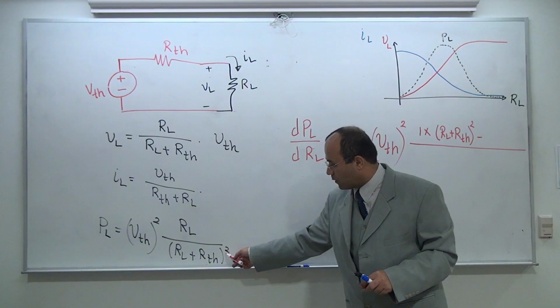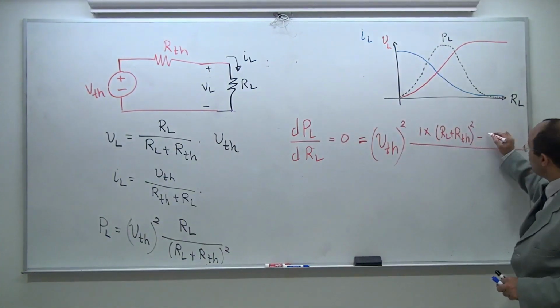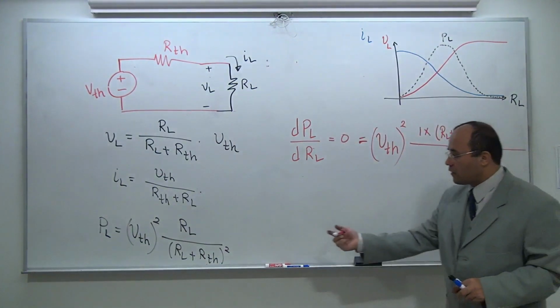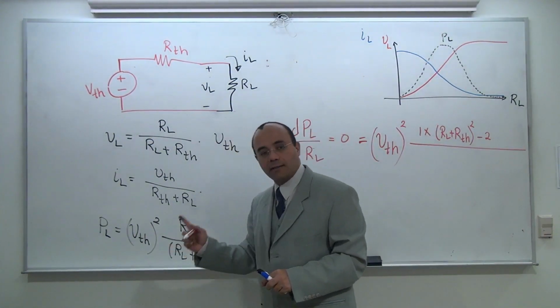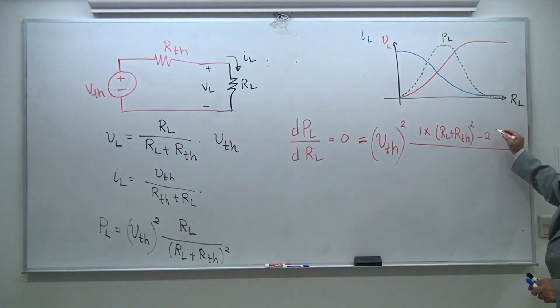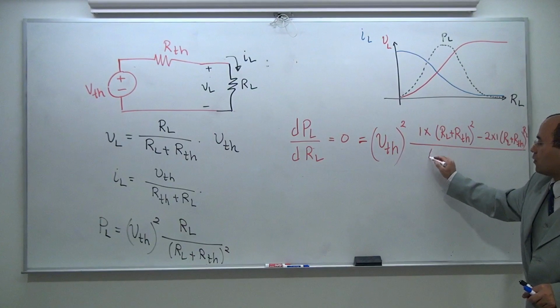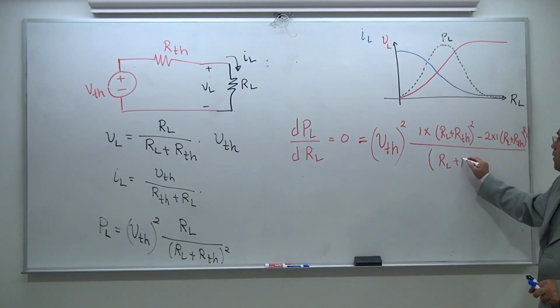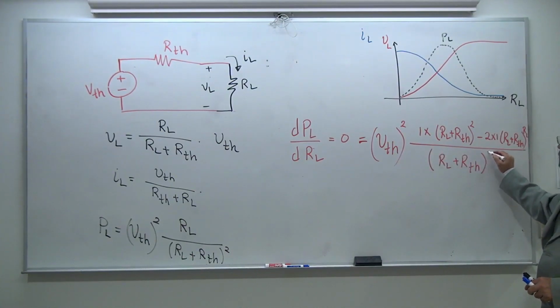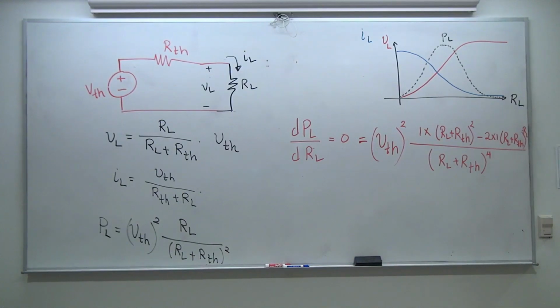But take a look, that's the power of 2. The 2 comes behind. Derivative of inside bracket in respect to RL, that's going to be 1. Then whatever is left inside the bracket, and then of course times the numerator, and of course you have RL plus R Thevenin to the power of 4. That's how the derivative is going to work. Please remember, I have an RL on this.